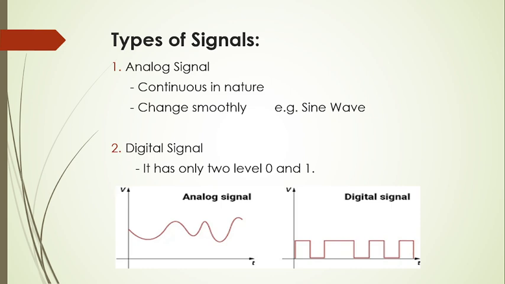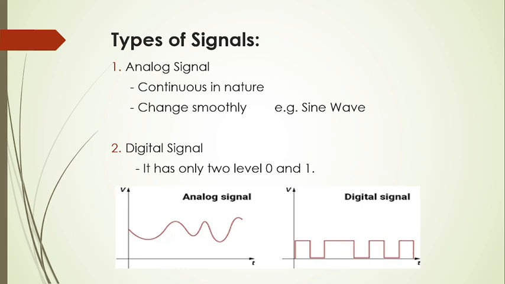The first one is an analog signal and second one is a digital signal. Analog signal is continuous in nature while digital signal has only two levels, 0 and 1. So analog signal can change smoothly and digital signal can change suddenly with the values of zeros and 1. For example, an analog signal is a sine wave and for digital signal we can say it is a discrete signal.